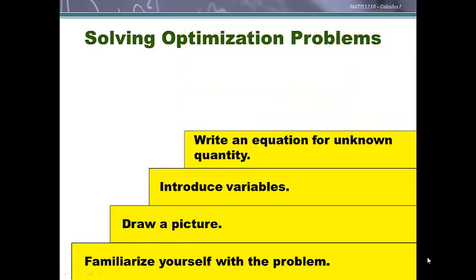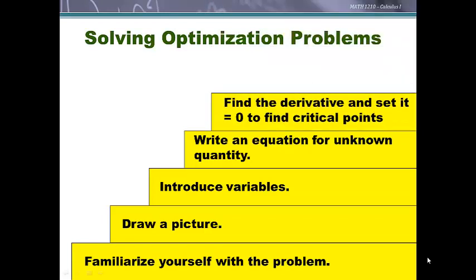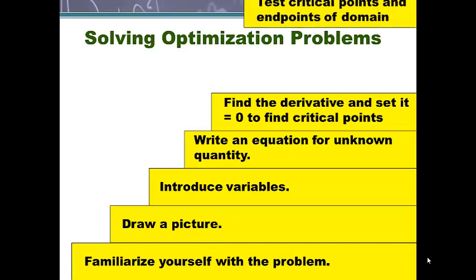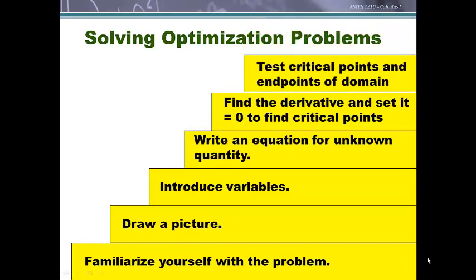You're going to write an equation for the unknown quantity. We wrote an equation for this area that we were trying to minimize. Then we found the derivative of that, and we set it equal to 0 to find the critical points, and there was just one, and we confirmed then that it was a minimum. And we didn't have any endpoints to our domain that we needed to test here because we did find that minimum.